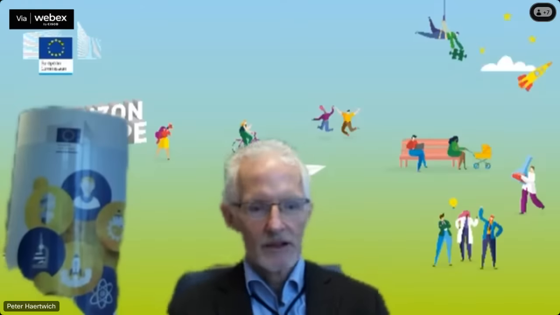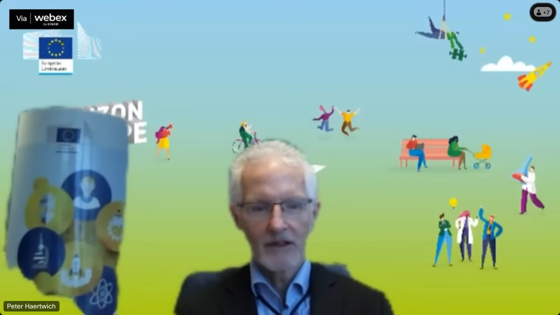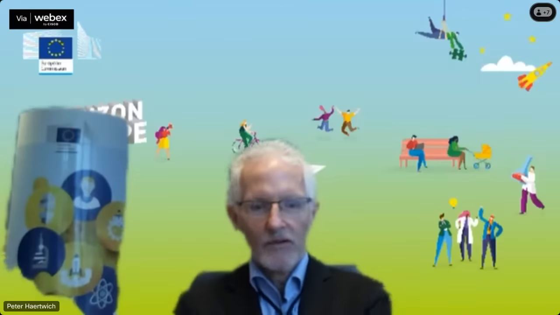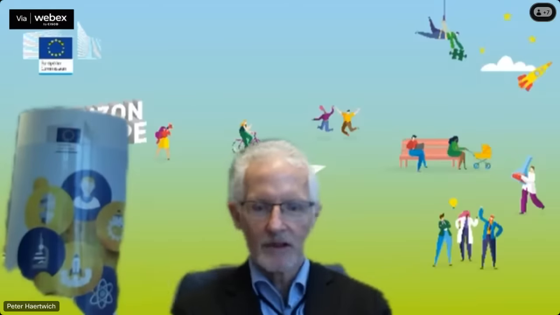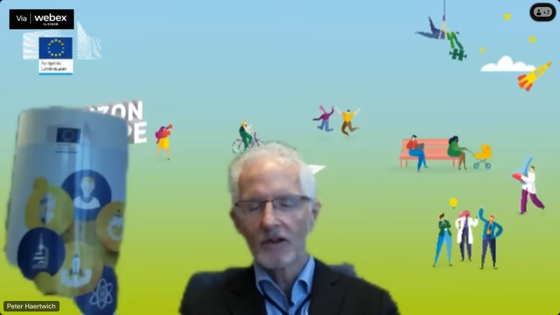So I will quickly guide you through the day today. We start with a general overview on the process for grant agreement preparation. And then we will talk about the processes and procedures for the validation of your legal entities, for the ones, of course, that are not yet validated.